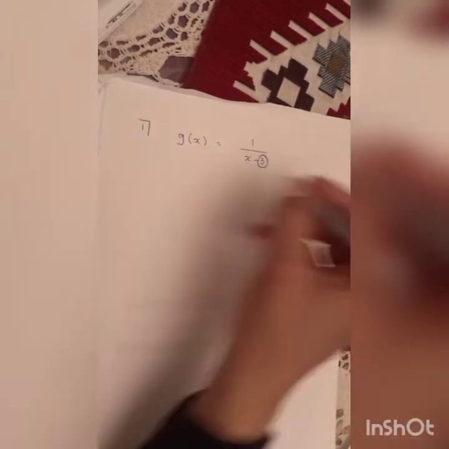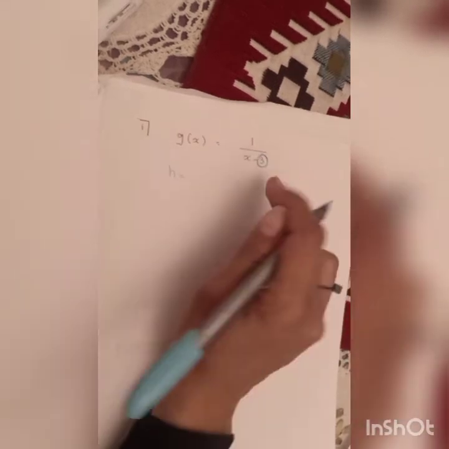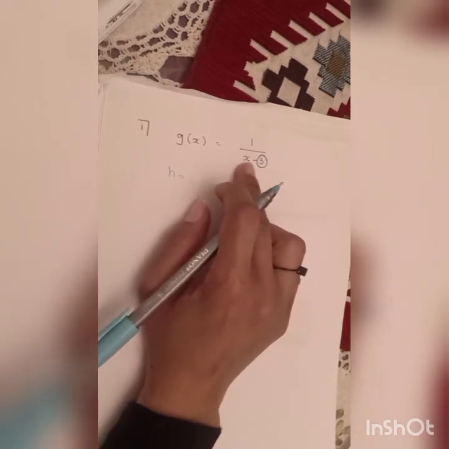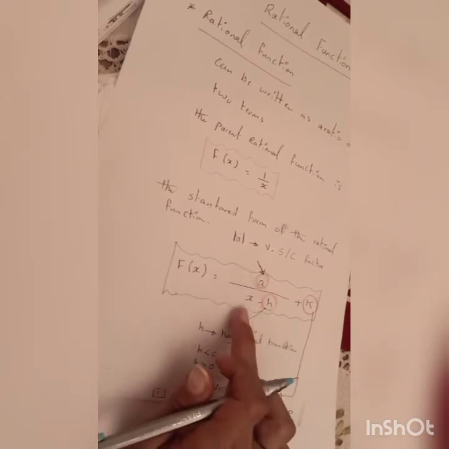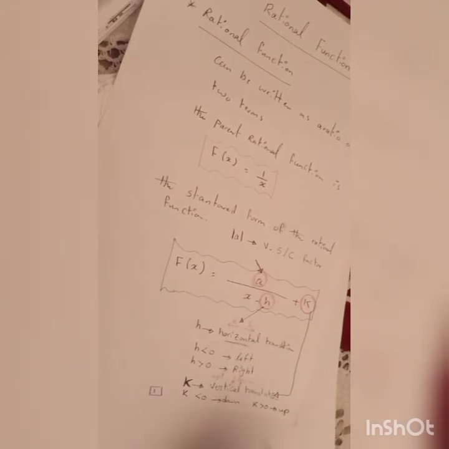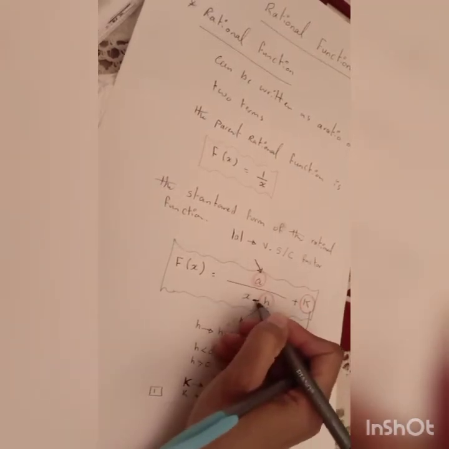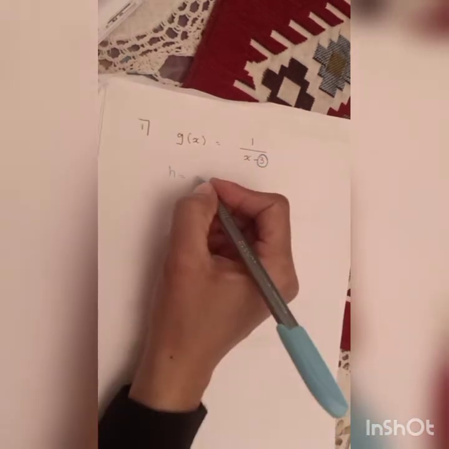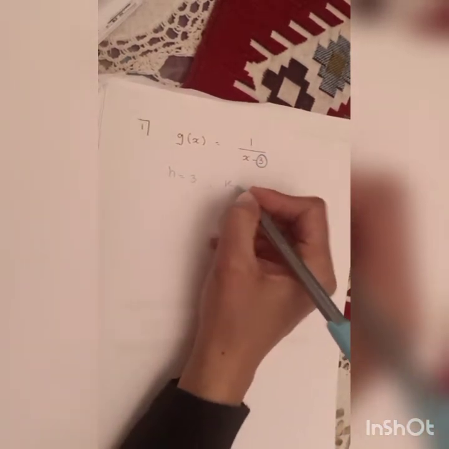Write the values. h here equals, is it 3 or negative 3? Yes, it's positive 3, because this negative is for the sign. The standard form is a over x minus h, so this negative is fixed in the rule. So h equals positive 3 and k equals 0.